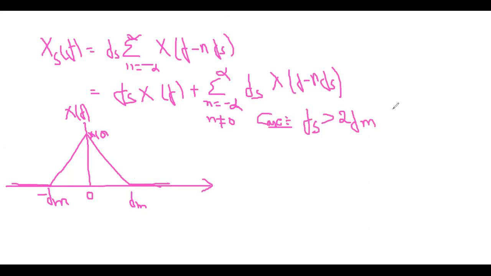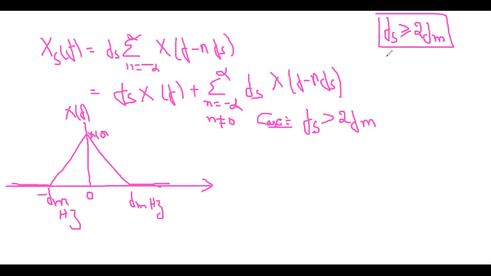A signal which is band limited to fm hertz can be completely recovered from its samples if the samples are taken at the rate of Fs greater than or equal to 2 fm. Understood, my dear? This is the statement of the sampling theorem.